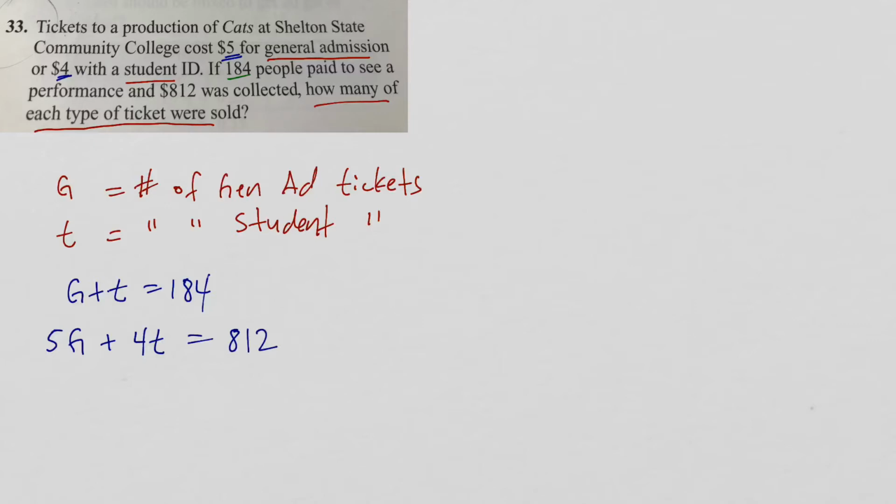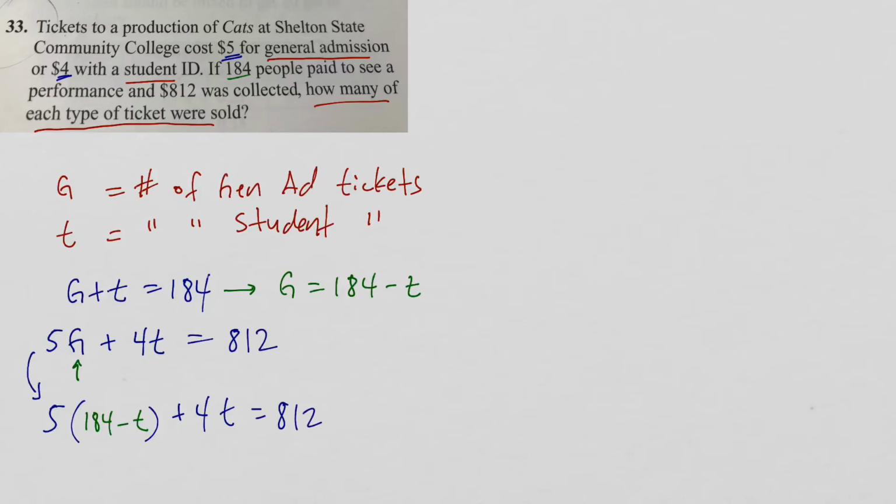So I'm going to solve this using substitution. I'll solve this one for either variable, like G. So G is equal to 184 minus T. And I'll plug that in here. So I have 5 times 184 minus T, that's my G, plus 4T is equal to 812.